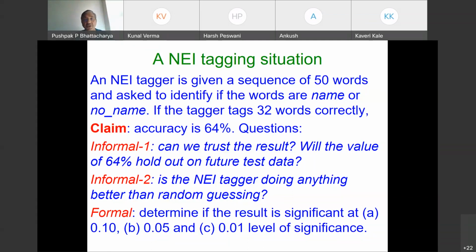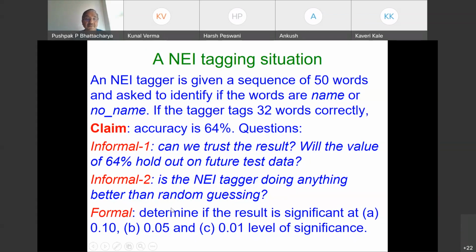Is there a solid algorithm behind this tagger, which may be rule based or feature engineering based, that is classical machine learning, or a purely end-to-end raw data driven system, which is a deep learning based system ideally? Now, is there an algorithm which is driving this named entity identifier?